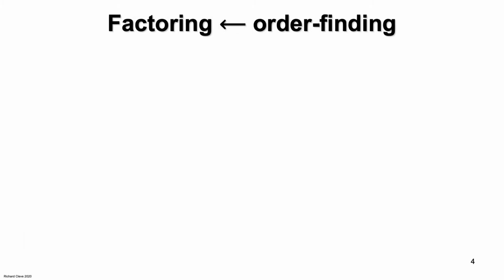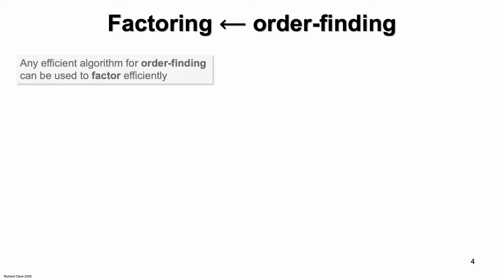There is no known efficient classical algorithm for the order finding problem. This problem is essentially equivalent to factoring. What I'm going to do next is show how any algorithm, classical or quantum, for the order finding problem can be turned into an algorithm for factoring.